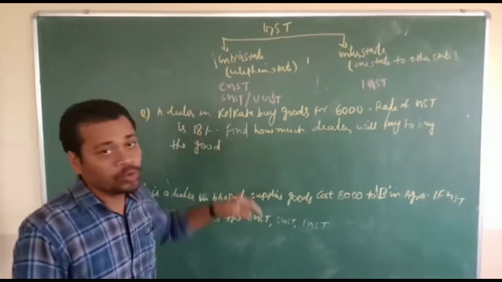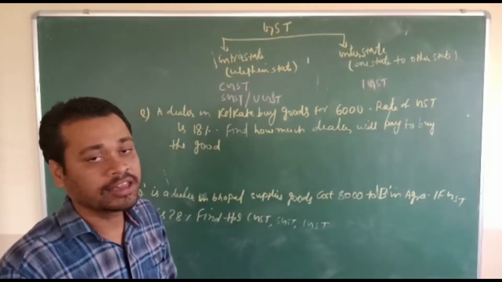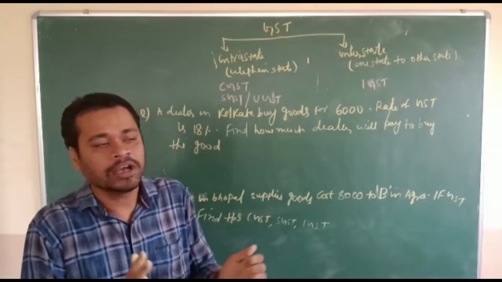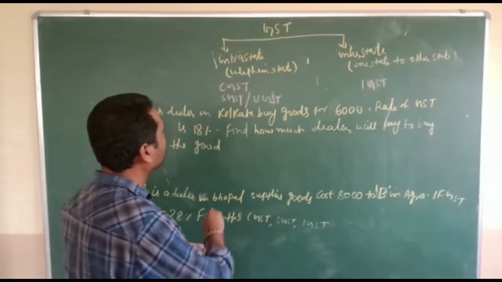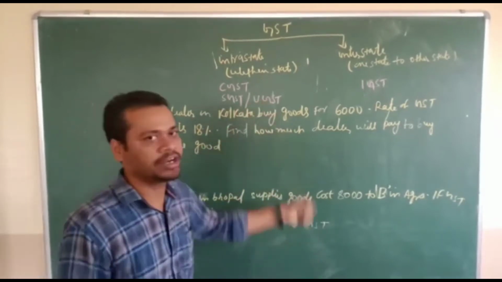So when the movement takes place intrastate, within the state only, then what happens? Whatever amount of tax is paid by us gets divided into two parts. Half portion will go to the central government, half portion will go to the state government or union territory government.